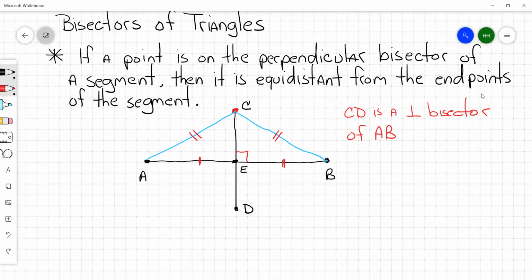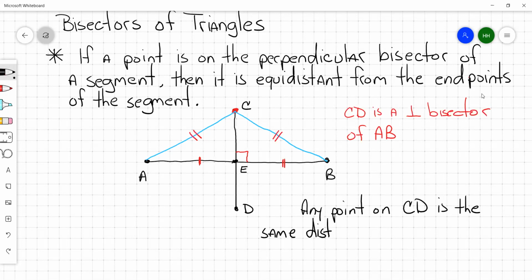Any point on CD is the same distance from A and B.